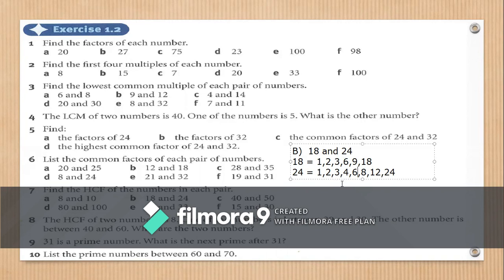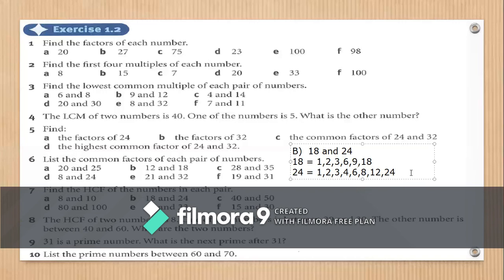Now which are the common factors here? 1, 2, 3, 6, and that's it. So what is the highest common factor? Which number is the highest one?